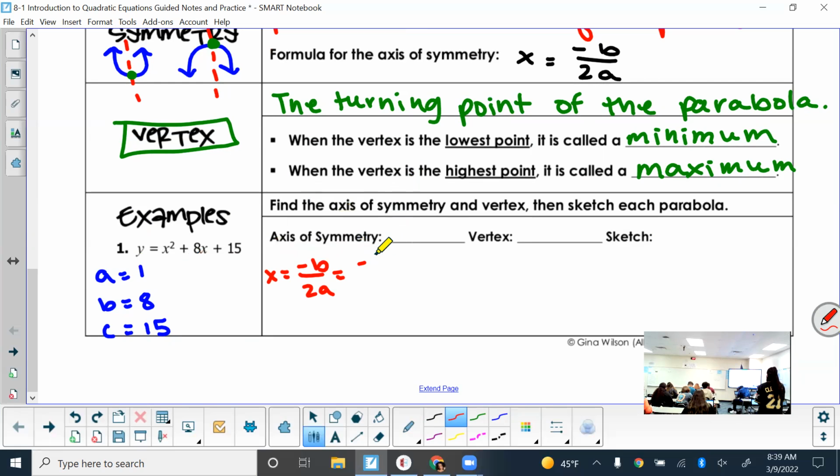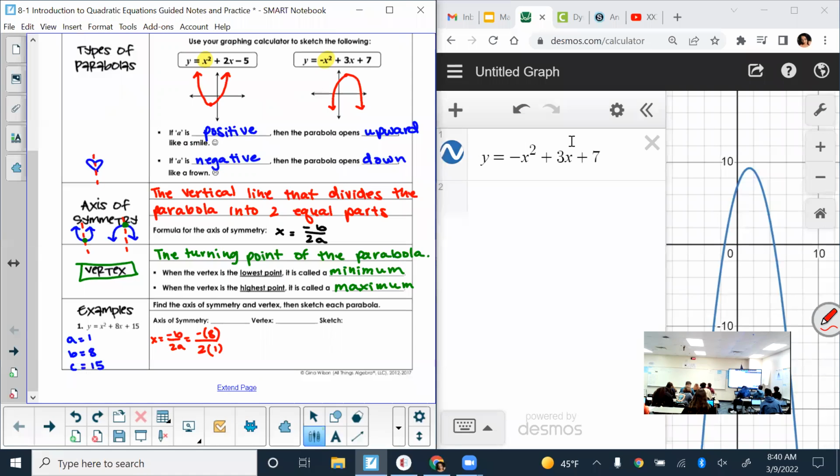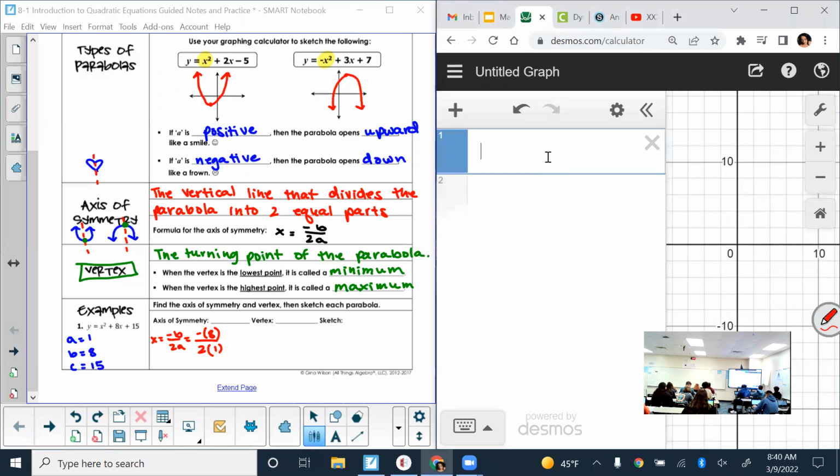So like negative, parentheses, 8 over 2, parentheses, what a was, which we said is 1. All right, now you can solve this by hand, but I also think you should just check your work with a calculator because sometimes you guys make silly mistakes. All right, so plug it in, always use parentheses.